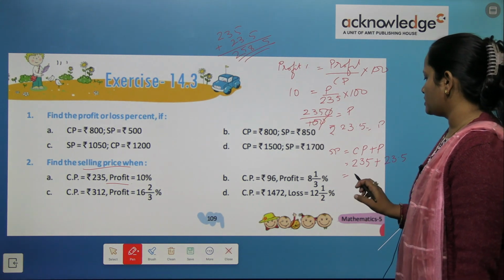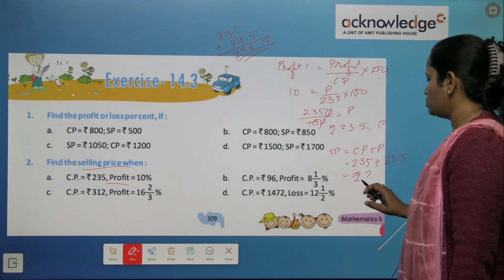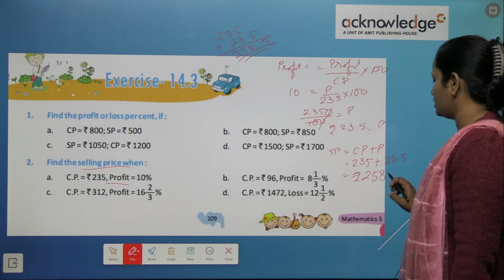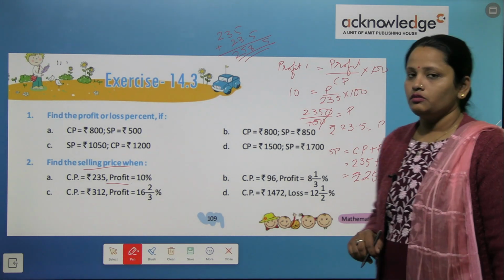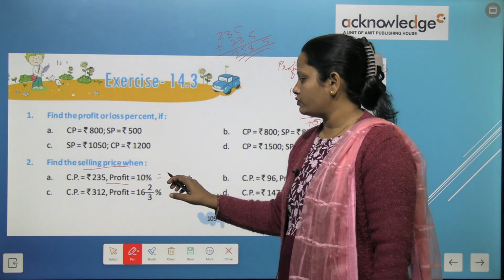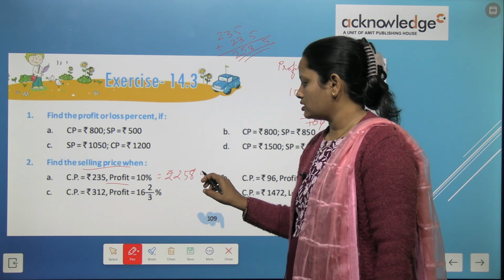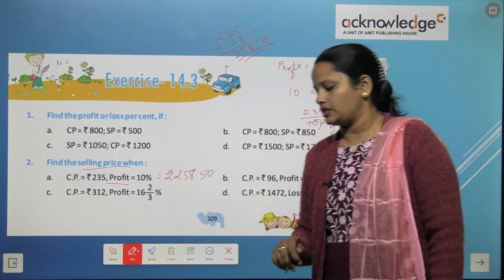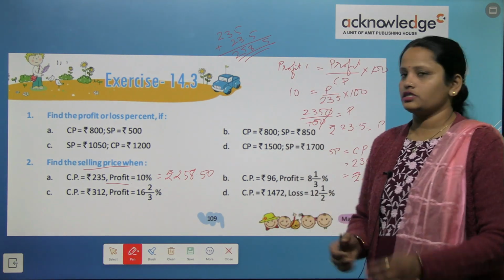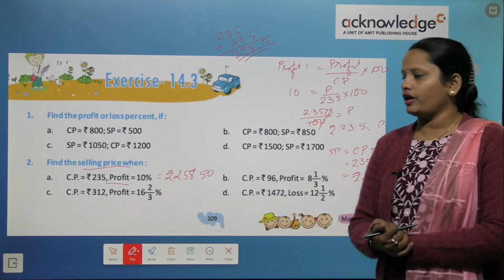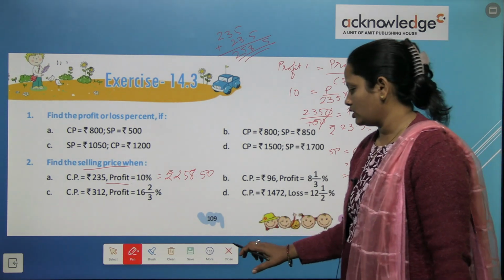So the selling price is 258.5, means 258 rupees and 50 paise. I hope children this is clear. Similarly, you have to find the answer of the rest of the questions.